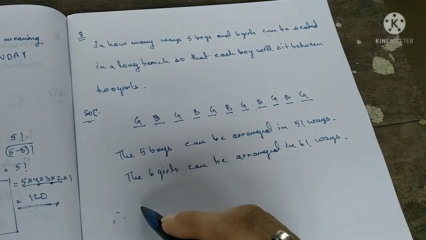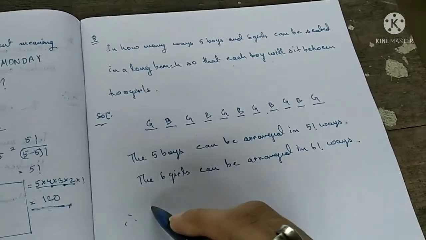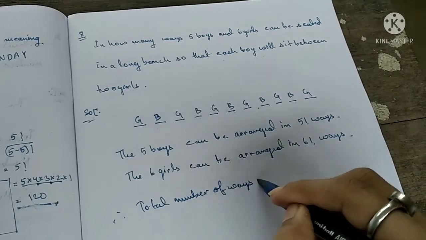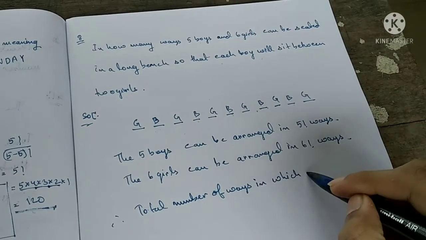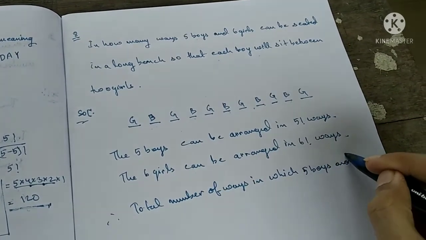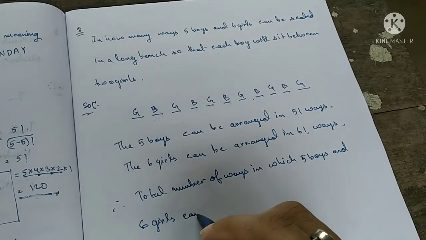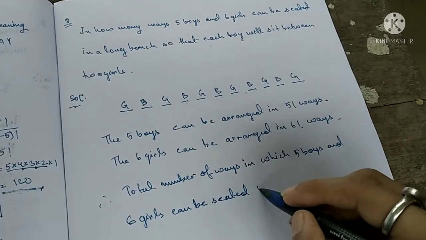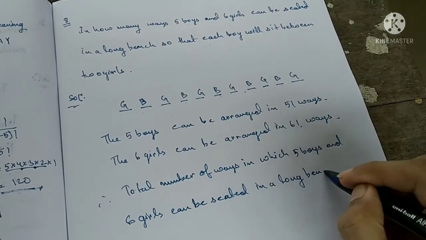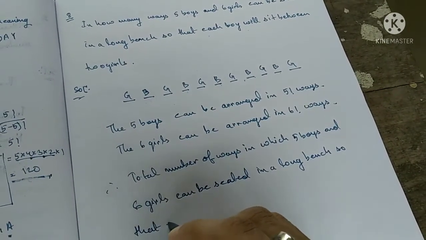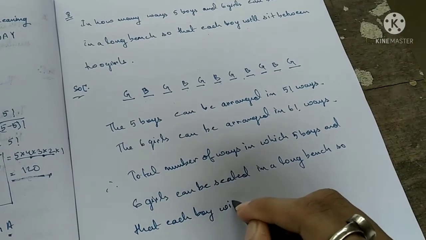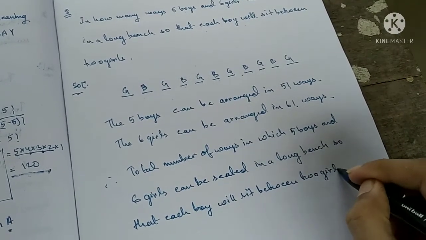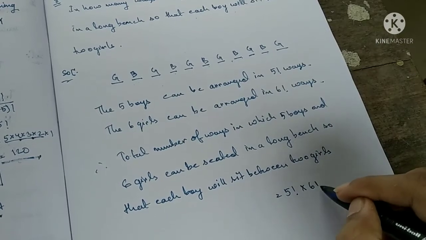So therefore the total number of ways in which 5 boys and 6 girls can be seated in a long bench, so that each boy will sit between 2 girls, is equal to 5 factorial into 6 factorial.